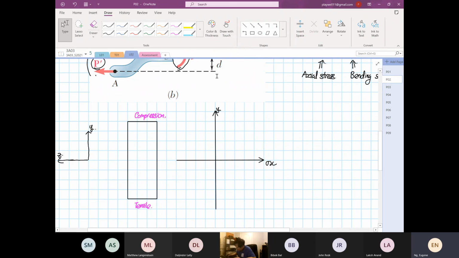At this point over here, this is going to be our Px over A. So now we have a tensile. Oh, I should not draw tensile so much. It's going to be up to here only. So this is our stress profile.